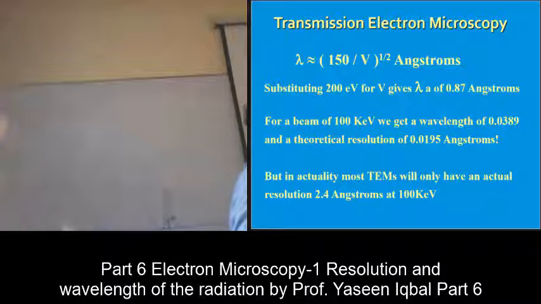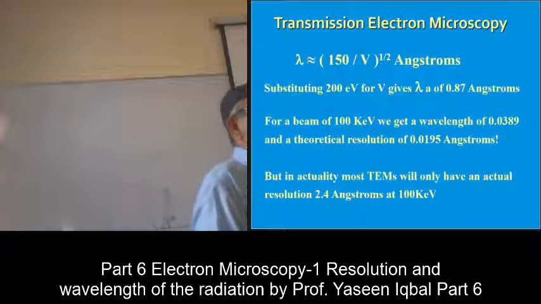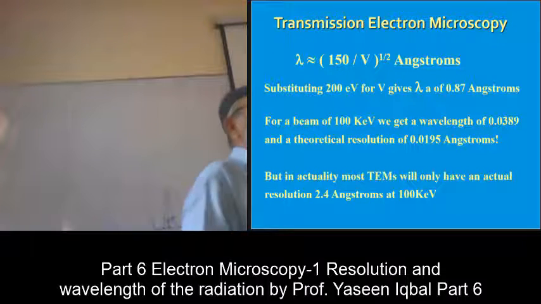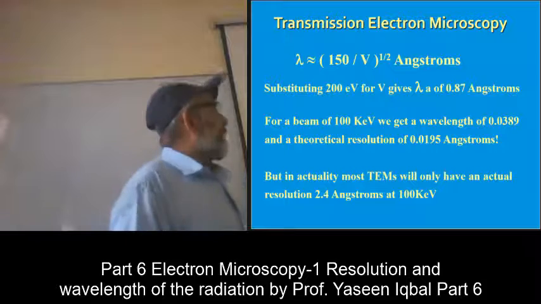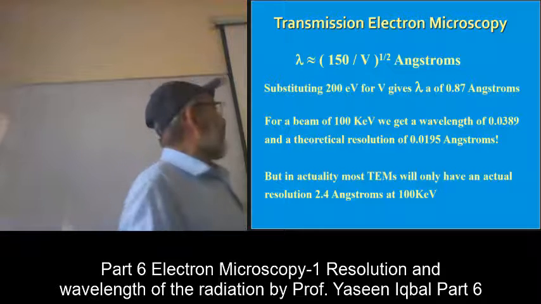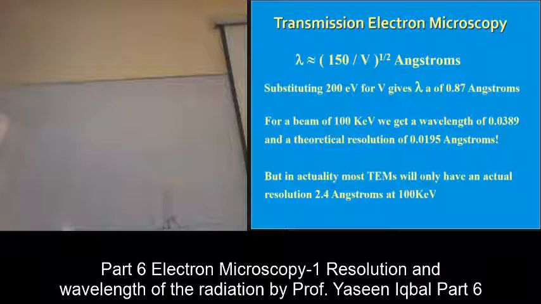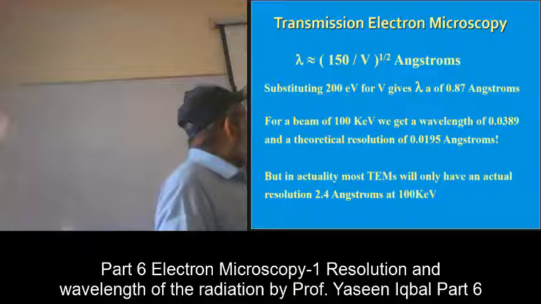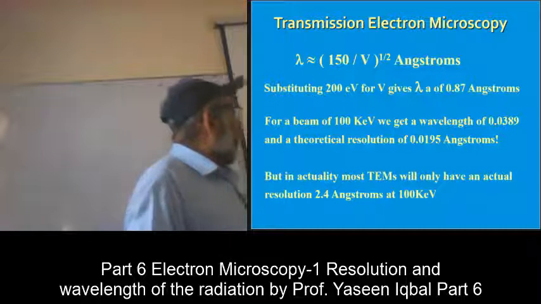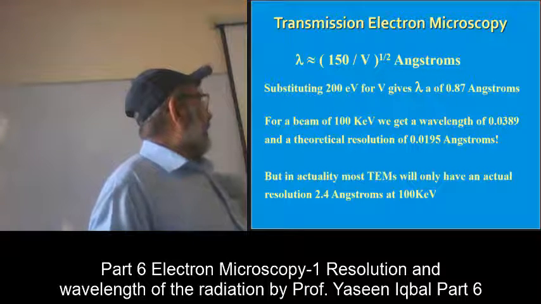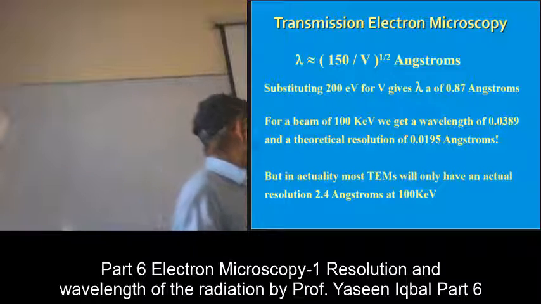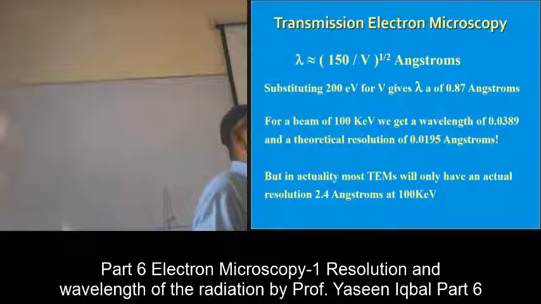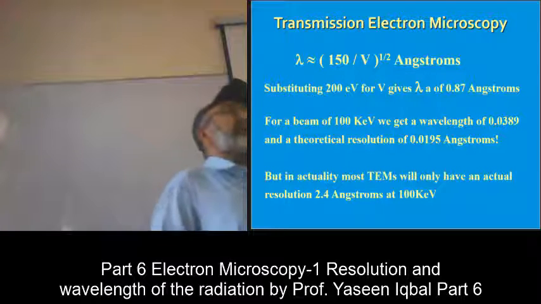And a theoretical resolution of 0.01 angstrom should come when I divide 0.0389 by 2, it will give me 0.0195. But it is not the case. It is theoretical. But in actuality, most EMs will only have an actual resolution of 2.4 angstrom at 100 kV.